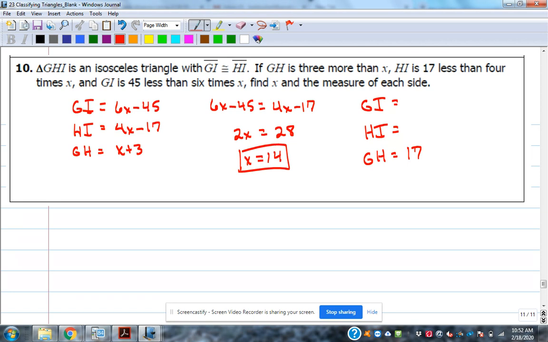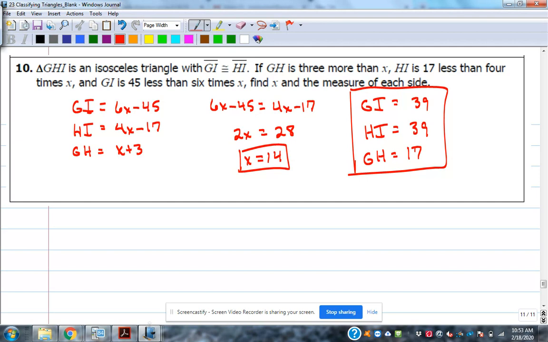How much is GI and HI? 39 is what I got. Plugging 14 into 4x minus 17 would be 56 minus 17. That's where the 39 comes from. So there's our side lengths out of that. Easy stuff.